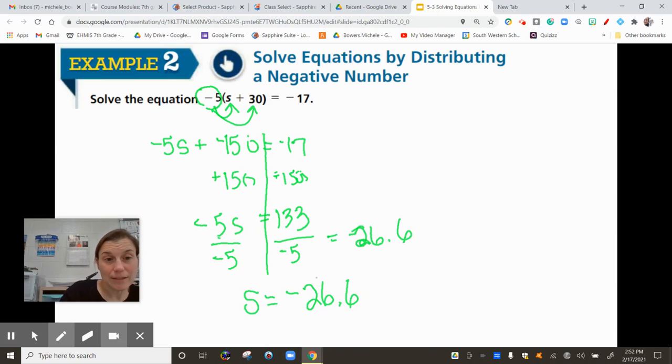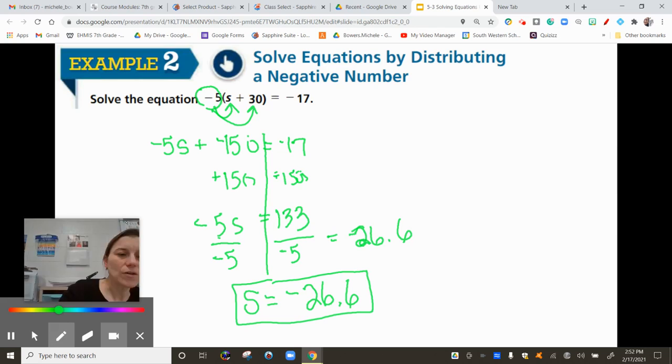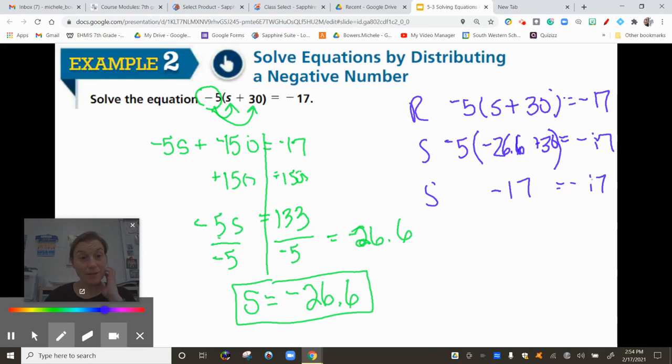Okay, so that's what I think. Now, since I don't have a word problem where I can go back and check it logically, I need to use RSS to check. So I'm going to rewrite the original problem before I did anything to it, to see that it did check. So we solved it correctly. And we don't know what it's about, so we don't have any context. We're not going to have any labels or anything.